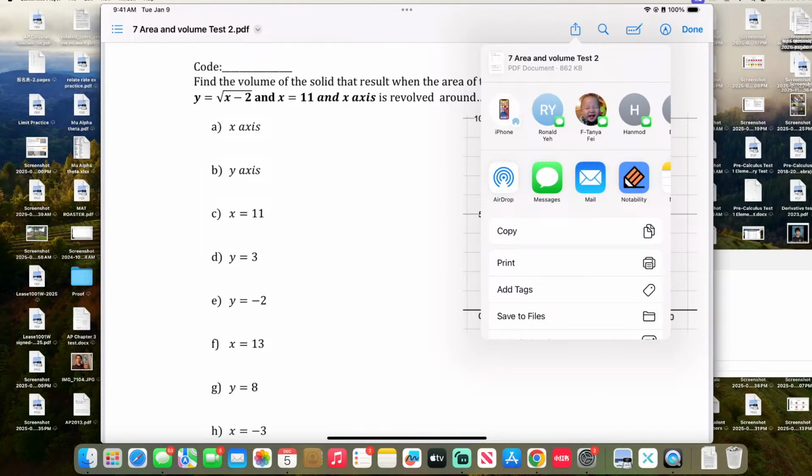Hey, can I see what you guys did for me? So remember, you drop your lines from the axis, your big R and your little R. You're doing it in terms of y.